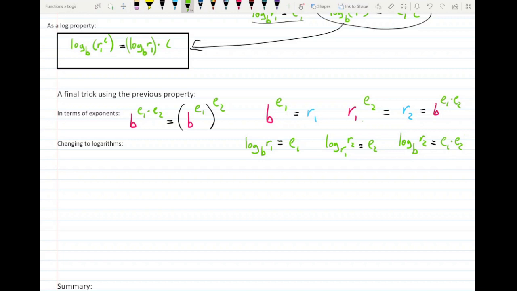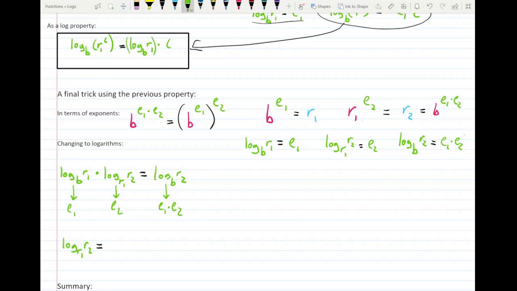Now this gives us that log base b of r1 times log base r1 of r2 is equal to log base b of r2, because this first expression here is e1, this one is e2, and this one is e1 times e2. This property is often called the change of base formula, and a lot of the time it's written like this, in an equivalent form that we get by dividing out that equation just above it.